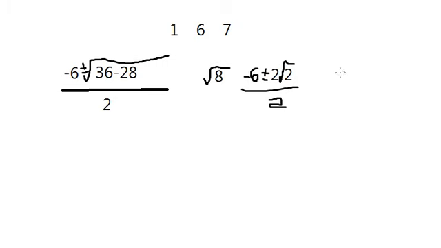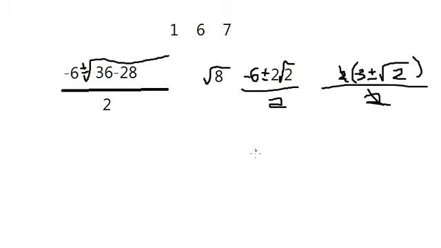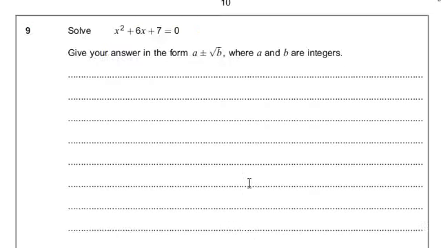So we can actually factorize this to 2 bracket 3 plus or minus, it's negative 3 because it's negative 6, so plus or minus root 2 over 2. So the 2 actually cross out itself, so that the answer will be 3 plus or minus root 2. So that is the answer for that question.